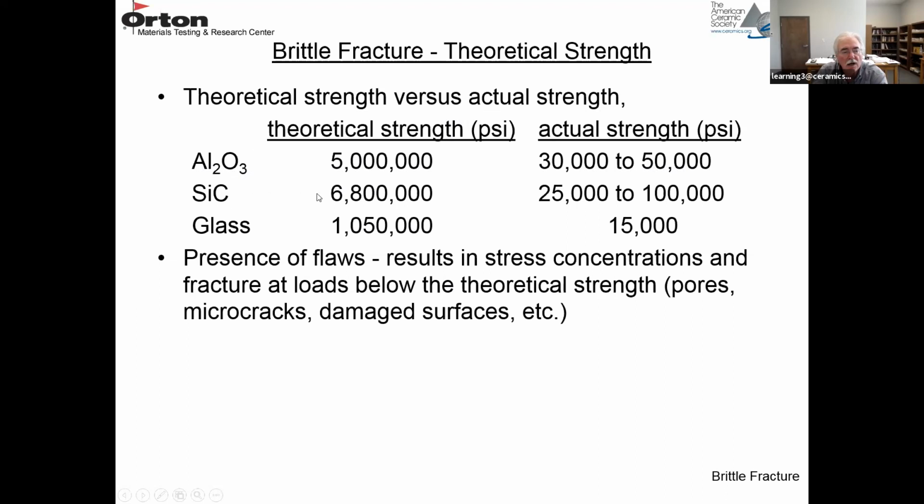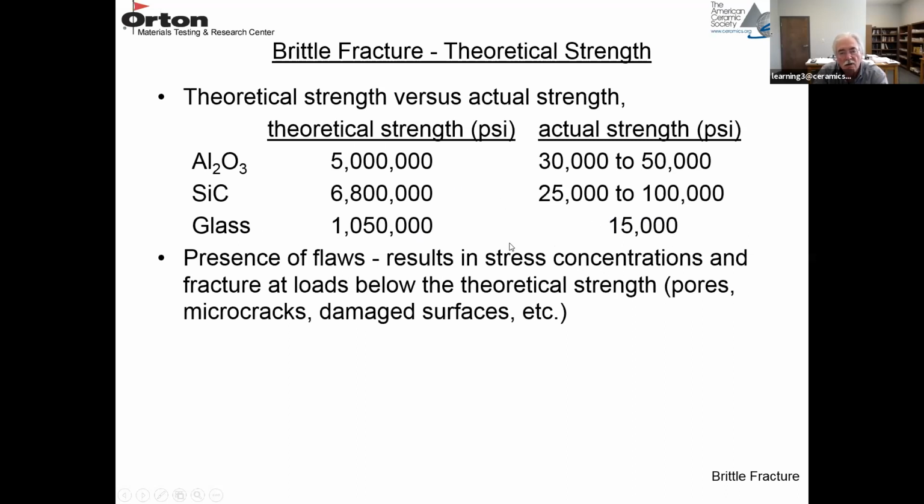Silicon carbide has a theoretical strength of 6.8 million psi, but a practical strength of maybe 25 to 100,000 psi. And then glass has a theoretical strength over 1 million psi, but when you measure it, you're lucky to get 15,000 psi. So why is there a big difference in these two?